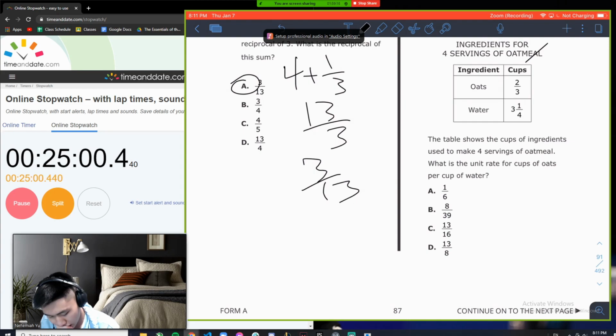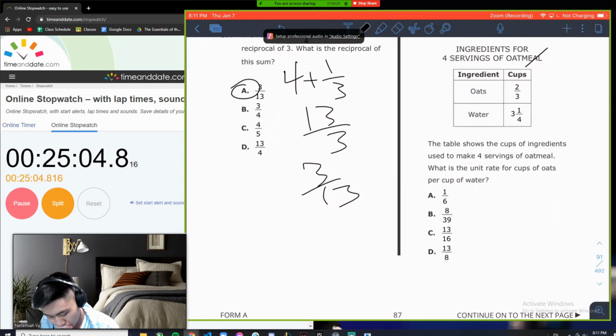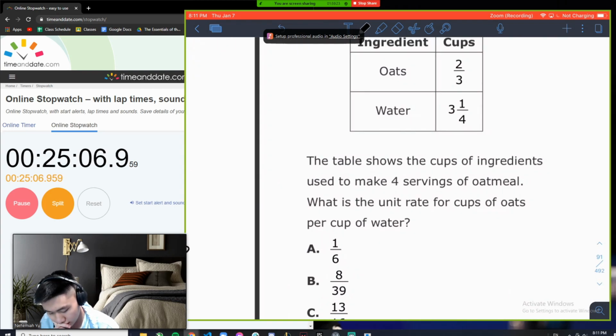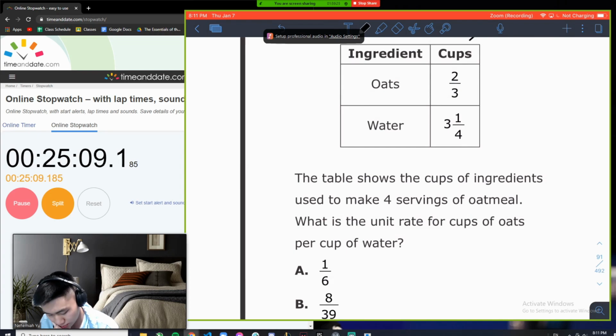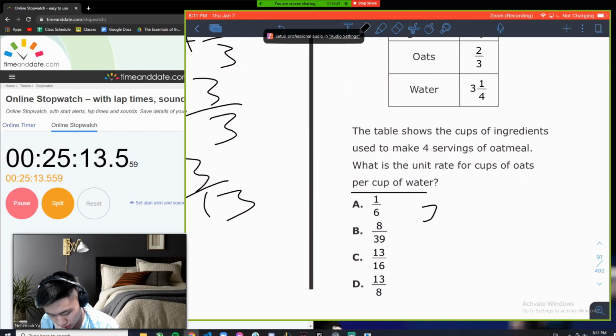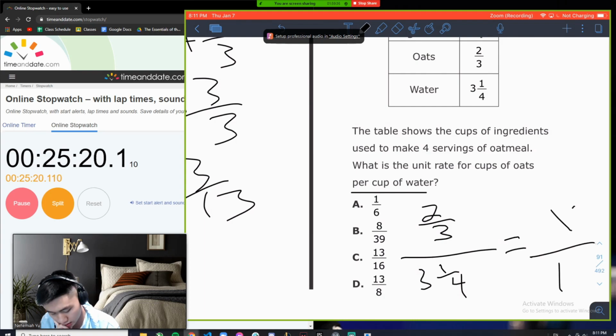The unit rate. Unit rate means something equals 1. So per cup of water means water has to equal 1, right? So it's 2/3 over 3 1/4 equals 1x, right?